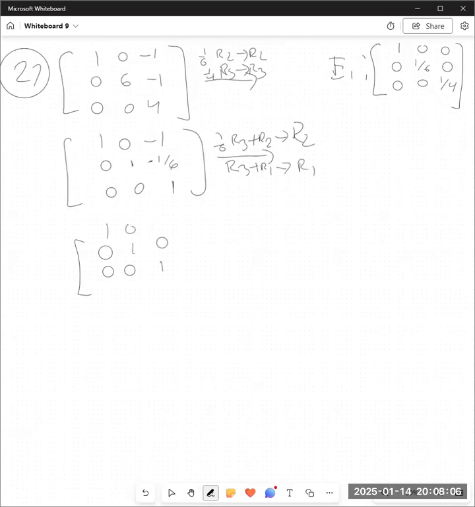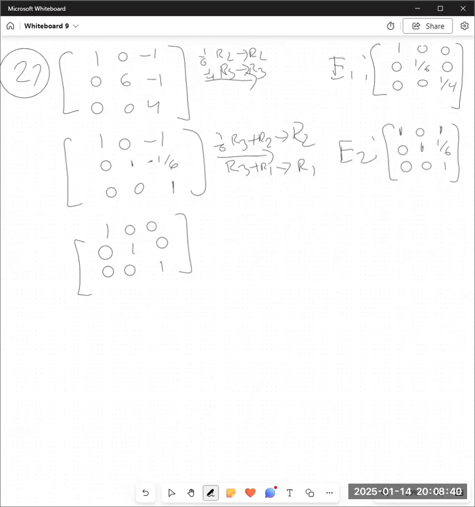That's going to be 1, 0, 0. And my E to do that: row 2 is going to be 0, 1, and 1/6, and row 1 is going to be 1, 0, 1, adding row 3 to row 1 to produce a new row 1. And row 3 got left alone.